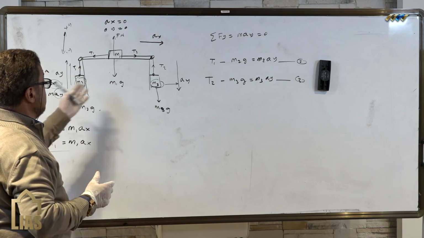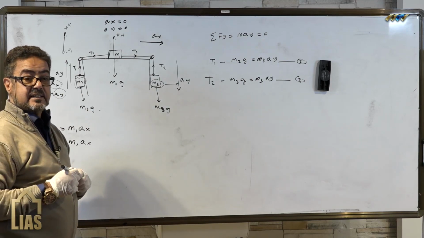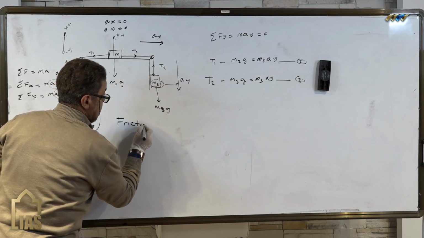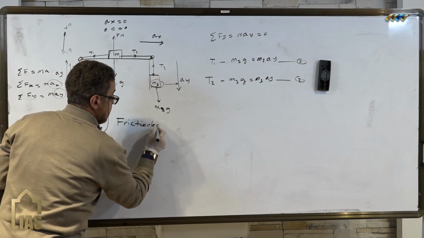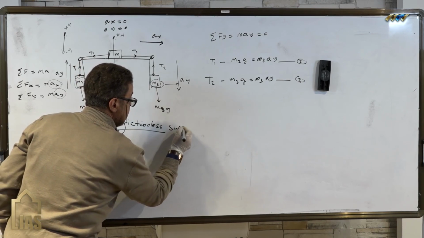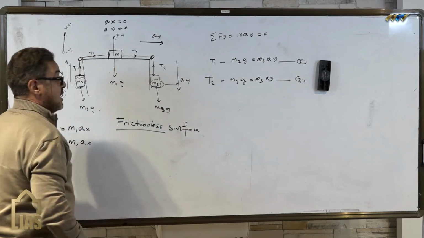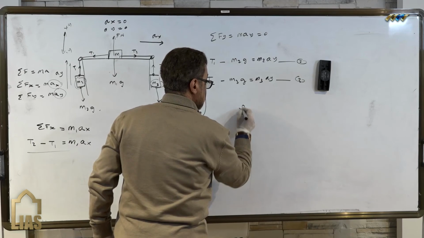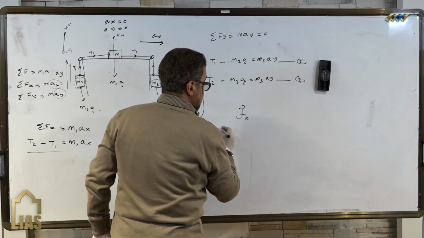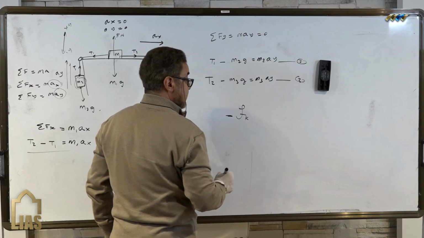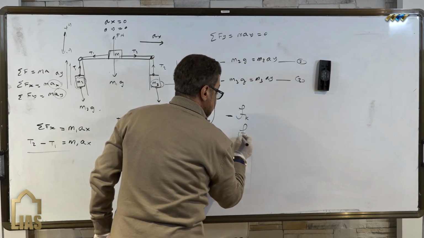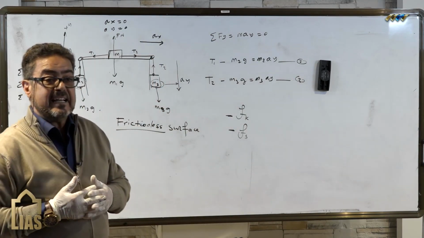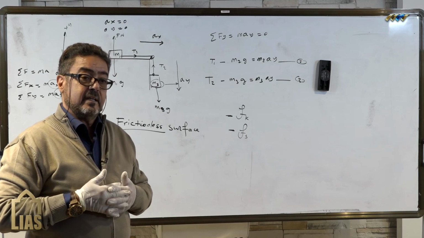If we say that, what else? Okay, now we move this on frictionless surface. This is okay. What about the rough surface? Fk, always negative. Fs, always negative. Why they are negatives? They are against the direction of movement. Okay?